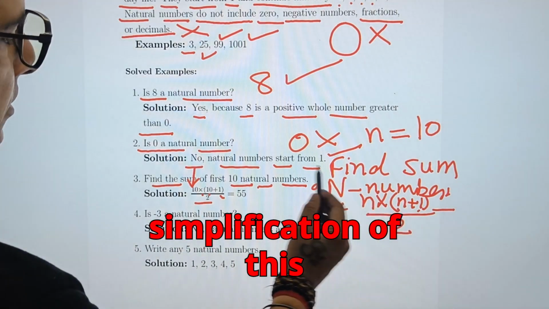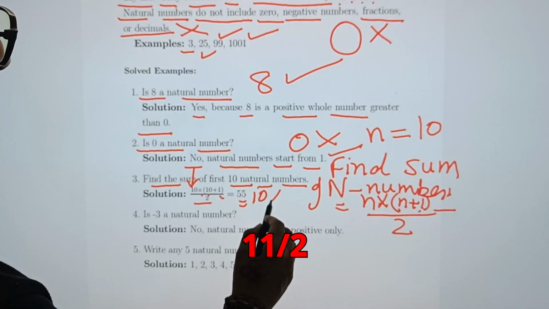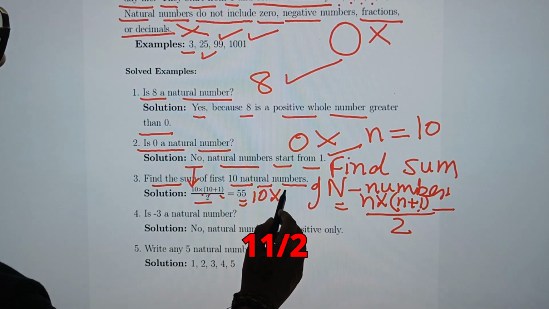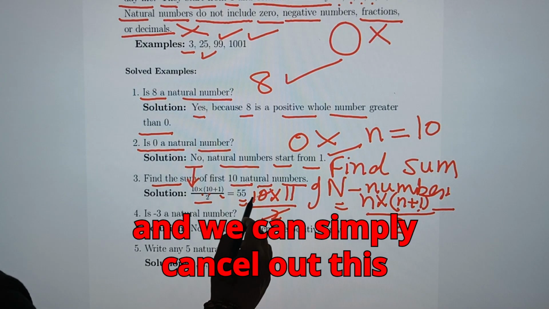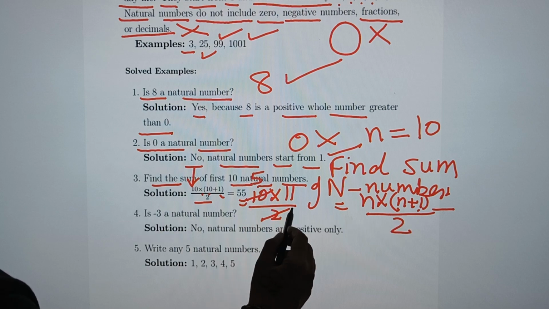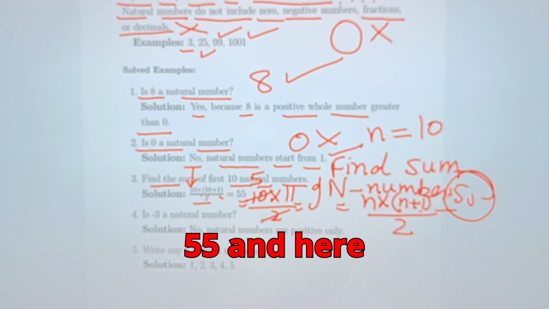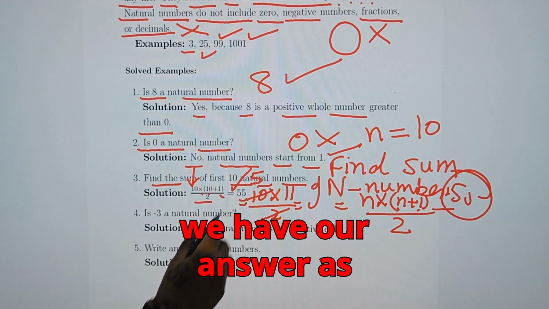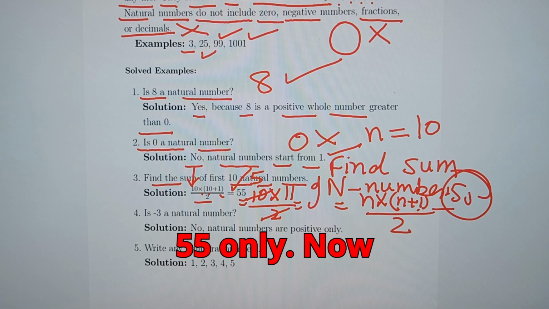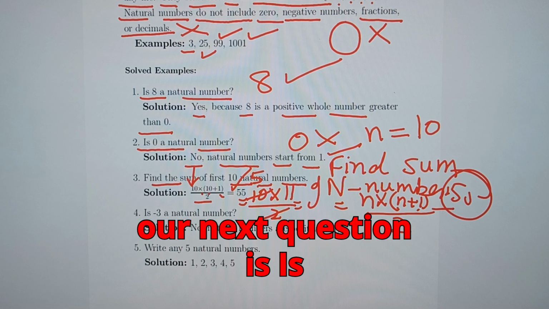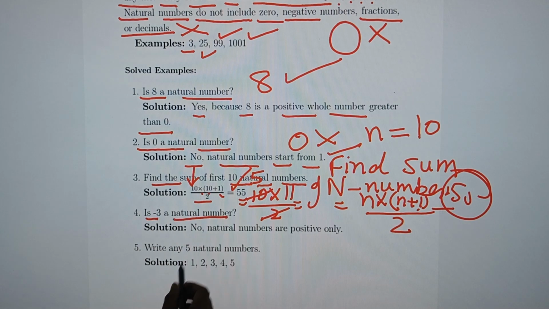After simplification, 10 into 11 upon 2, we can simply cancel out, which is going to give you 55, and here we have our answer as 55 only.